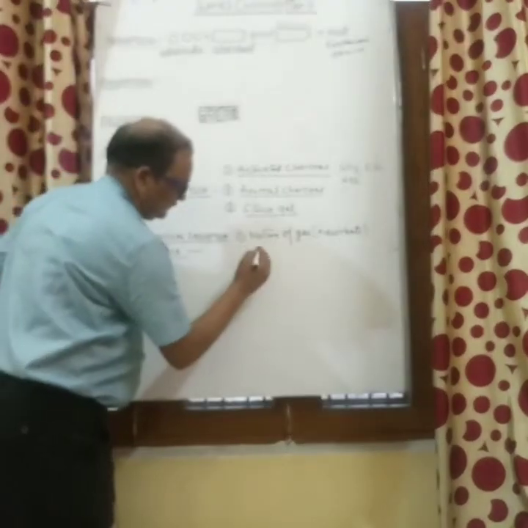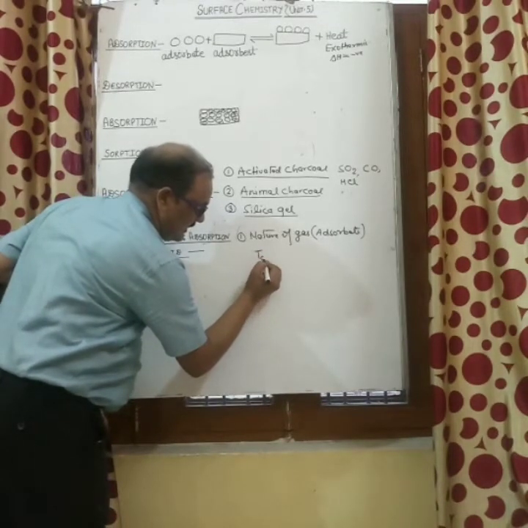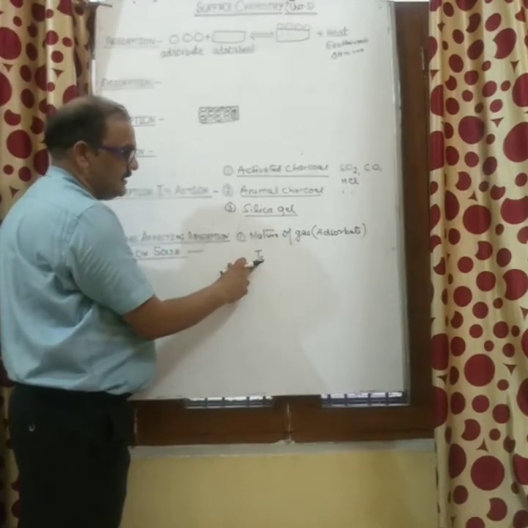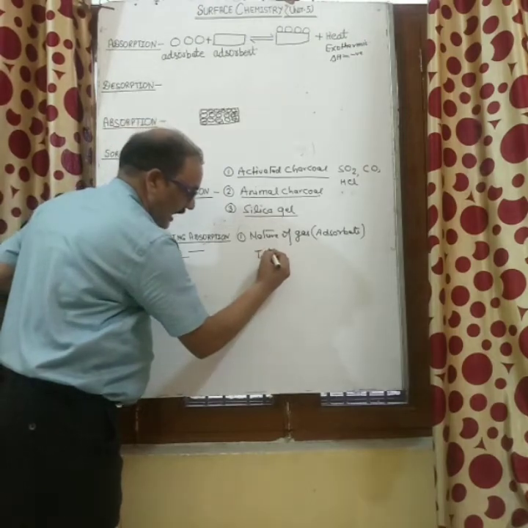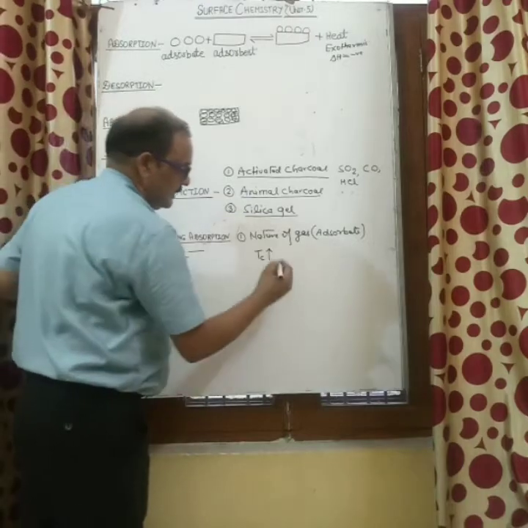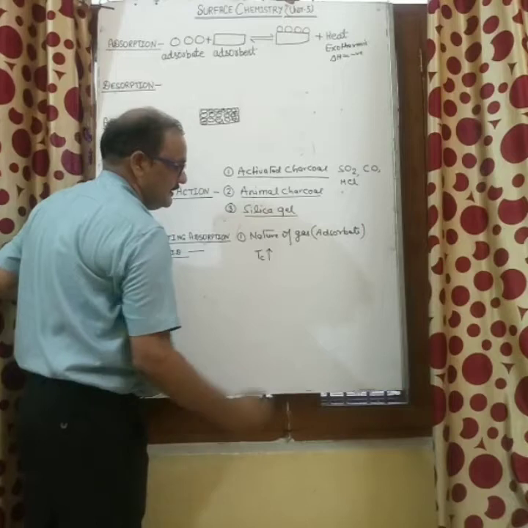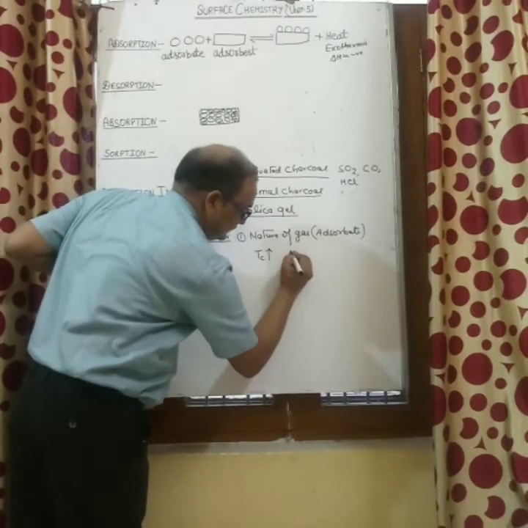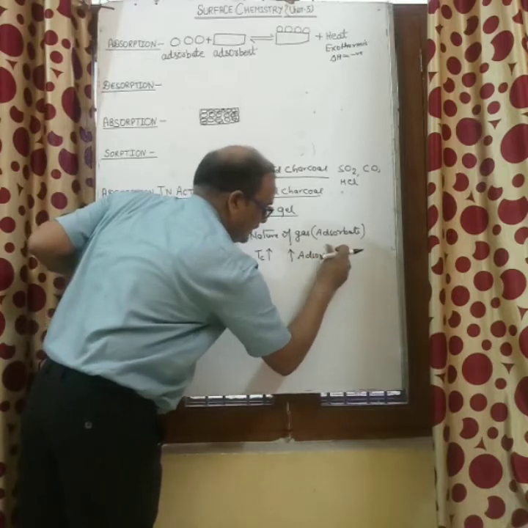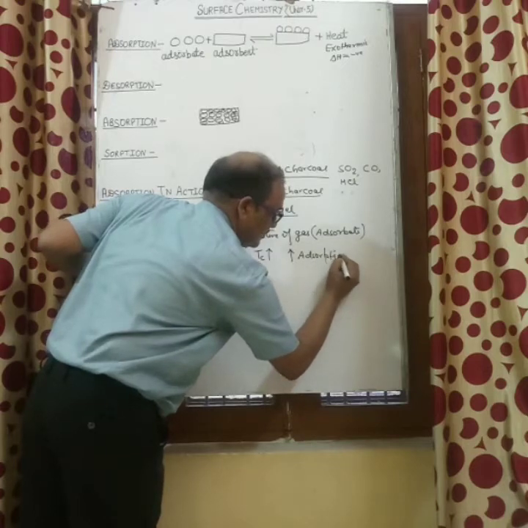Especially, it can be explained on the basis of the critical temperature. TC indicates what? Critical temperature. The higher the critical temperature, the easier the liquefaction of the gas and the greater the rate of adsorption.